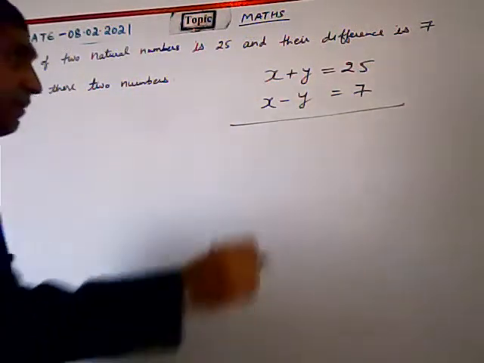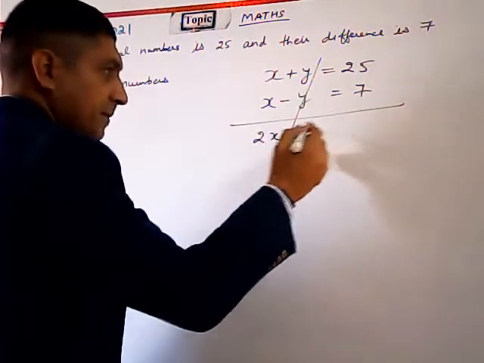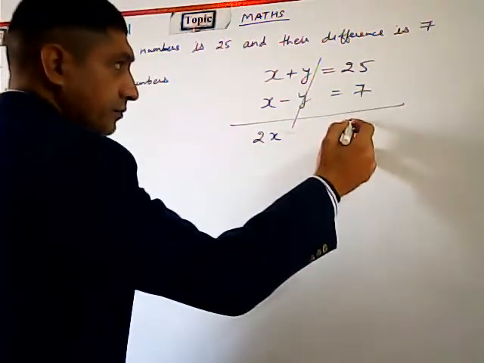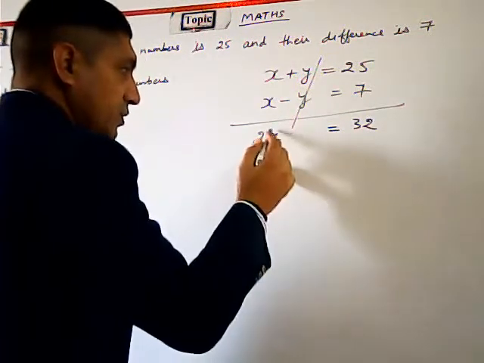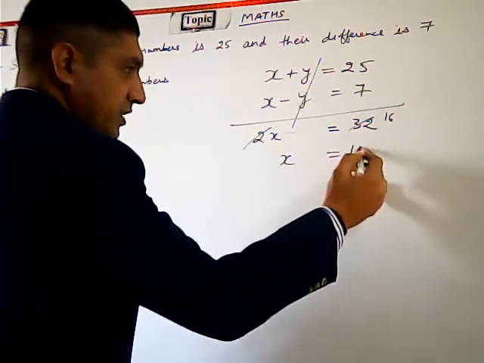So here when we add both the equations, we have twice of x is equal to 32. So what is x? x is equal to 16.